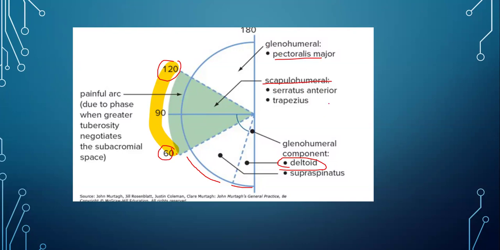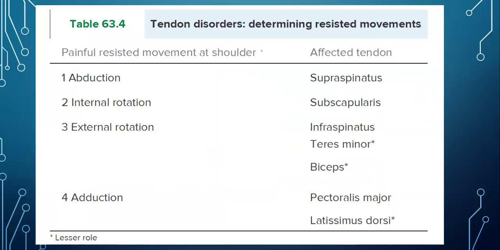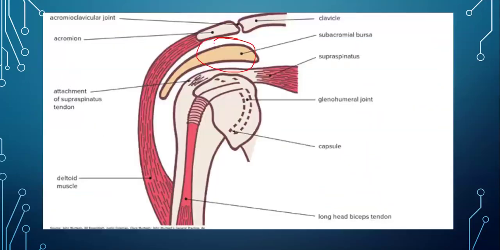You don't need to memorize this, okay? So I want you to understand that if someone has difficulty to raise their shoulder from 60 to 120 degrees, that's called painful arc. And what it means is that the subacromial space is very narrowed in here.